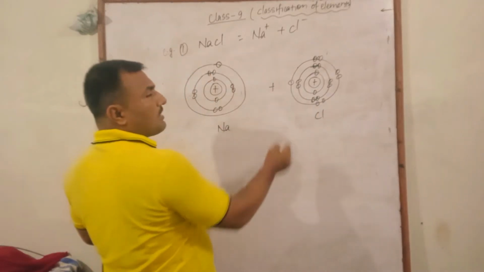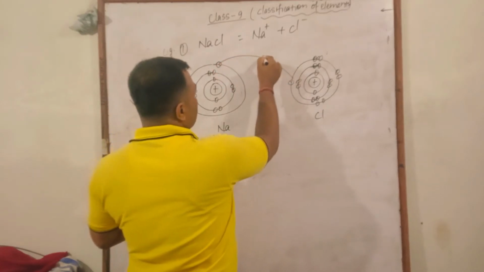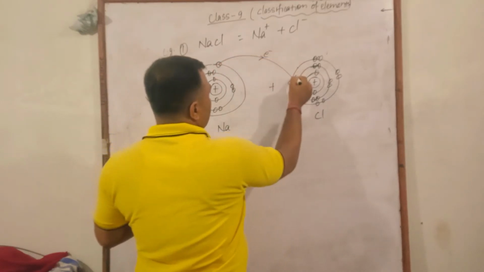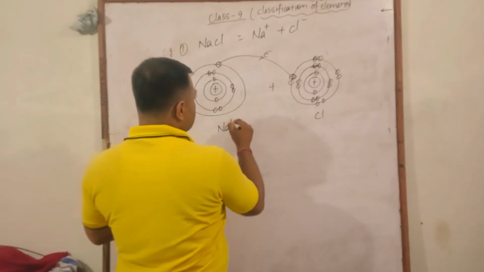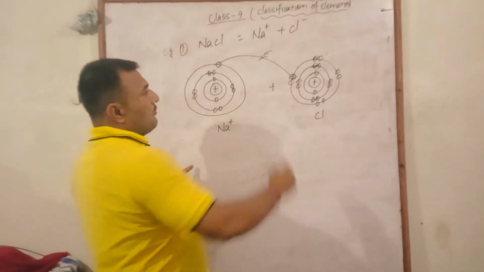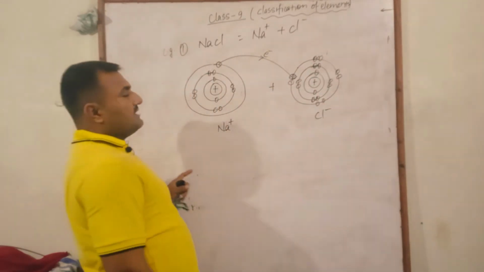To attain the octet state, sodium loses an electron, transferring it, and now it becomes positively charged. When chlorine gains the electron, it becomes negatively charged.